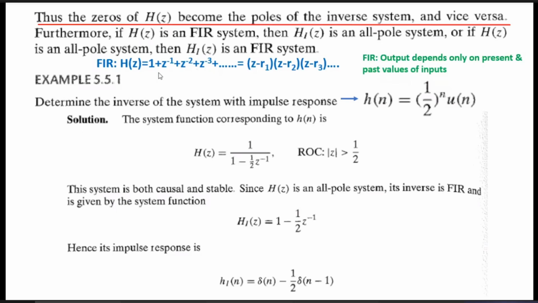And for an IIR system, both numerator and denominator are present. Can anybody tell why both numerator and denominator would be present in an IIR system?